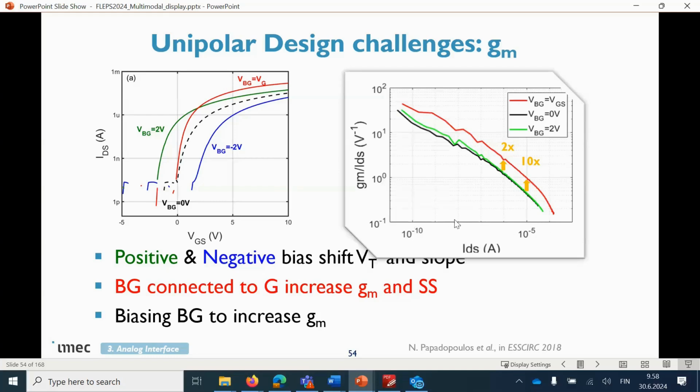For the same current, you see here the normalized GM over the current. For the same current, you see with the red, which is the dual gate, backgate and front gate shorted case, at least 2 times larger GM, which means at least 2 times larger gain from your differential amplifier of the same size.